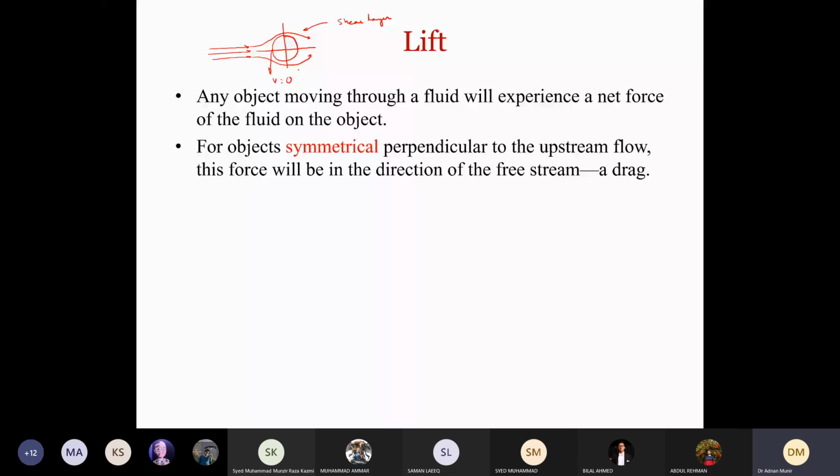As a result, the force generated in this downward direction will be, for example, minus Fy, and the force generated by this shear layer will be positive Fy. And because their strength is the same, they will cancel out. So the net force acting along the y-axis will be 0. That means in this case, the only force that will be acting will be the drag force. The lift force will be 0 in this case.